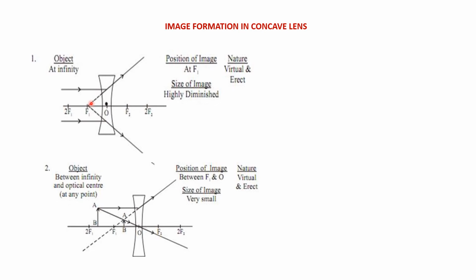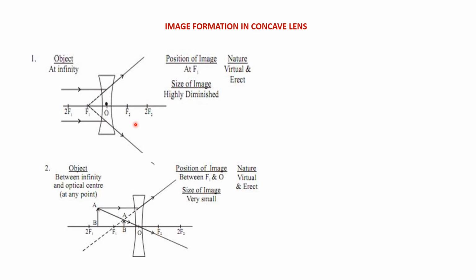And F2 was the principal focus of convex lenses according to the CBSE book, what they have given in the book, right? So remember these points and it will help you to avoid any kind of confusion. So please follow your own book and the rules given in your book, right?